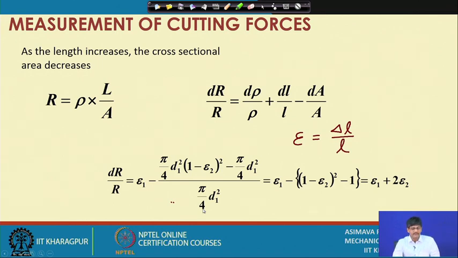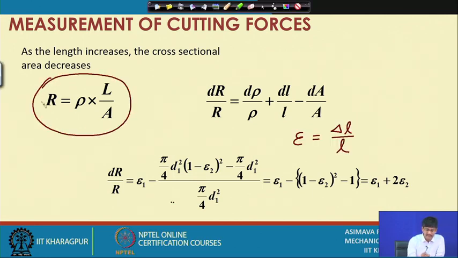Therefore, if we have the resistance defined as rho into L by A, we can differentiate this and get this particular relation between the differentials. What is the origin of this? This is simply resistance is equal to resistivity multiplied by length divided by cross sectional area. Resistivity for the time being we will consider to be constant.